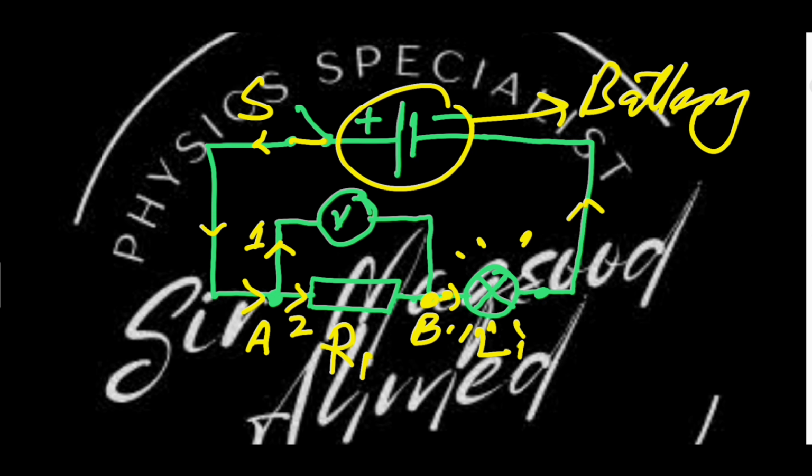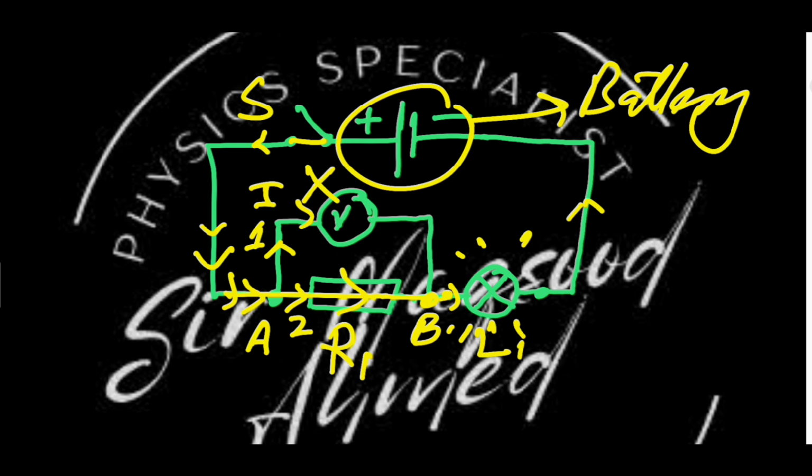The voltmeter has very high resistance, so the current will not pass through it. All the current coming from the battery will pass through this resistor, because resistance and current are inversely proportional.